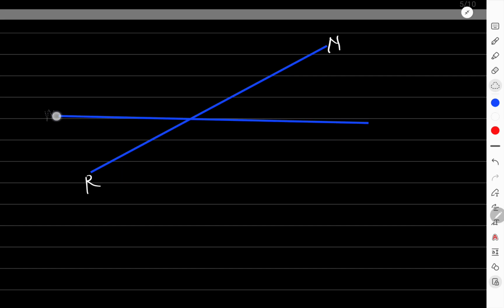I have M here. I have L. I have 2y minus 20 degrees. I have 146 degrees here, 146 degrees.